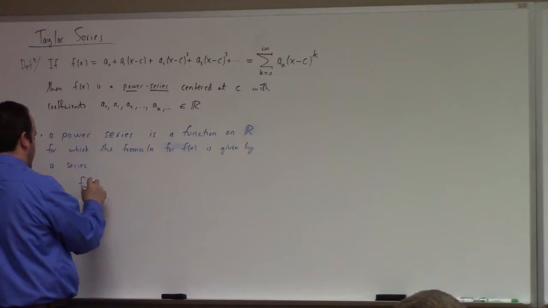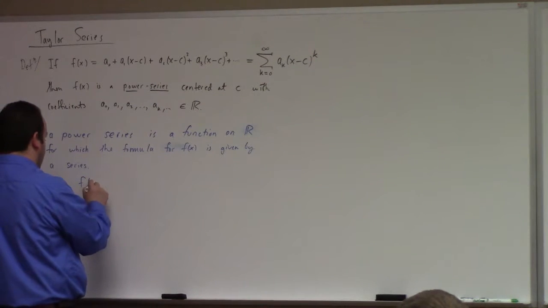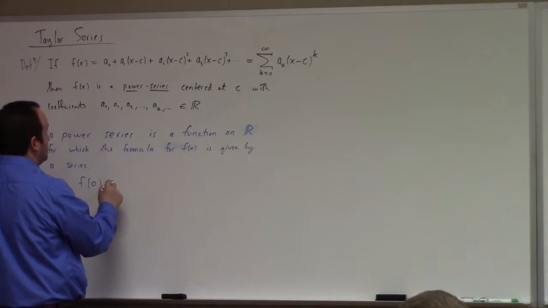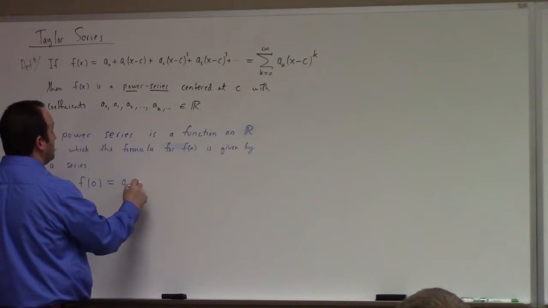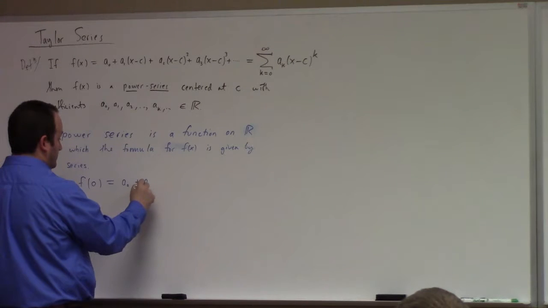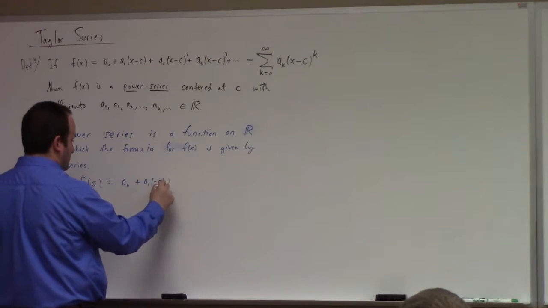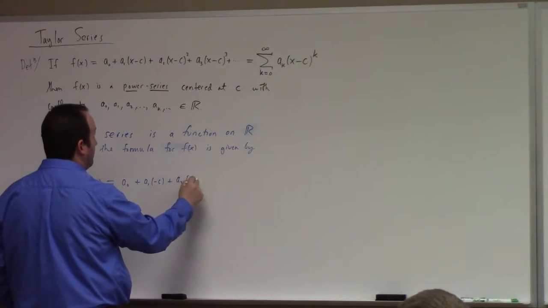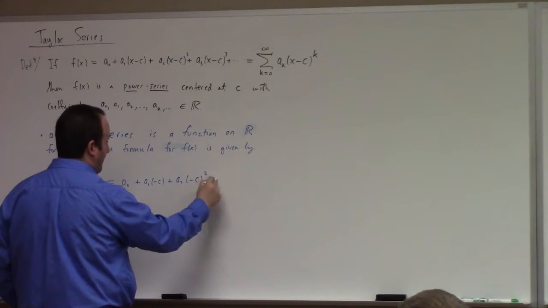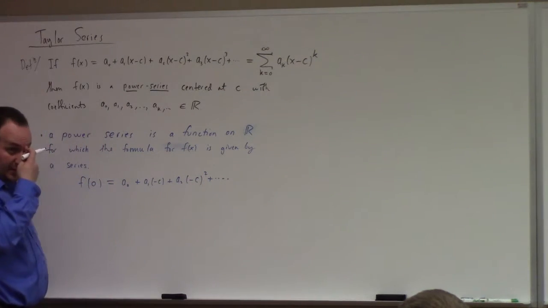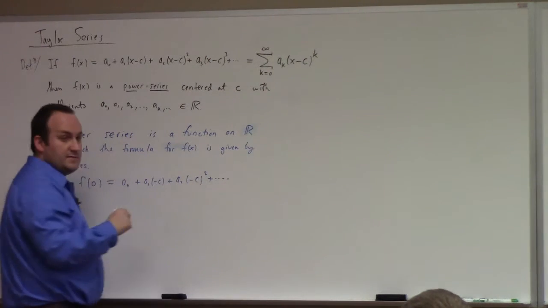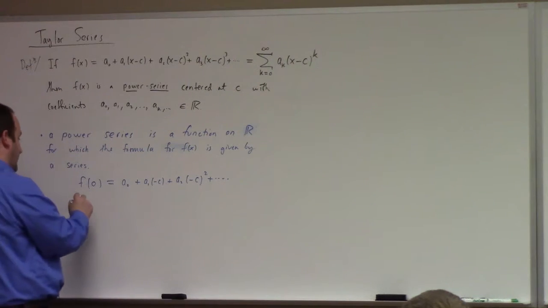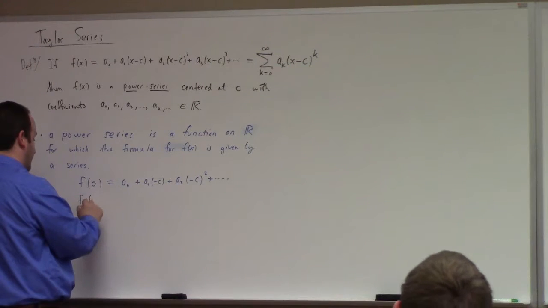Like, if I was to calculate, for example, f of 0, what would I get? So like f of 0 would be this series, right? What would f of 1 be?